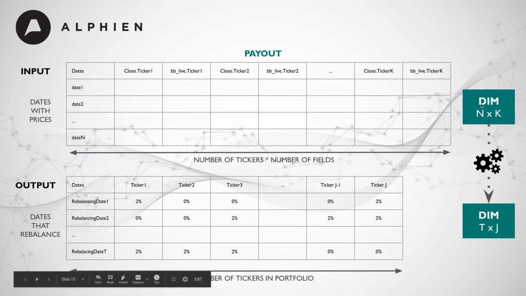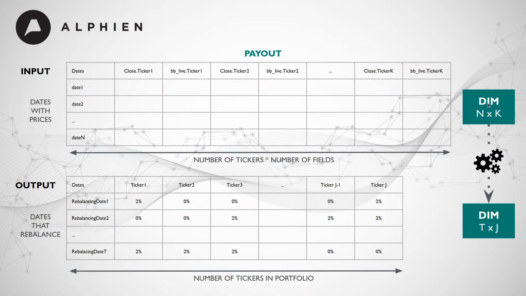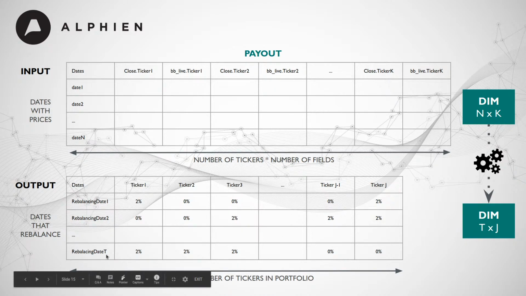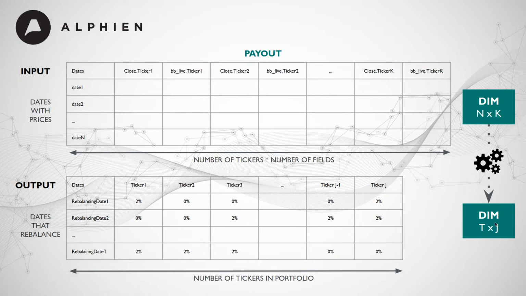So basically, to make just a very quick summary, you go from dimension n to k, where n is your number of dates and k is the number of fields, to something that is outputting something of dimension t, which is t rebalancing dates, and a dimension g, where g is the number of assets in your portfolio.